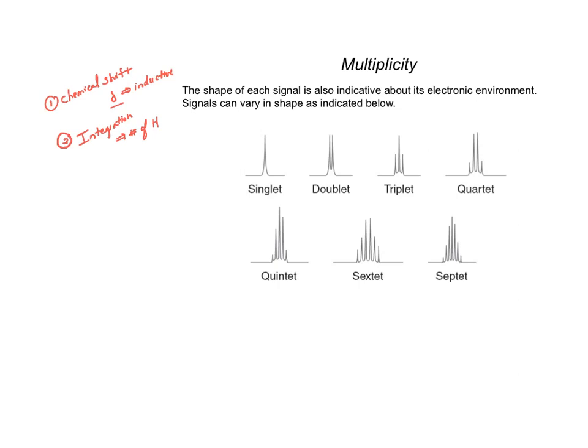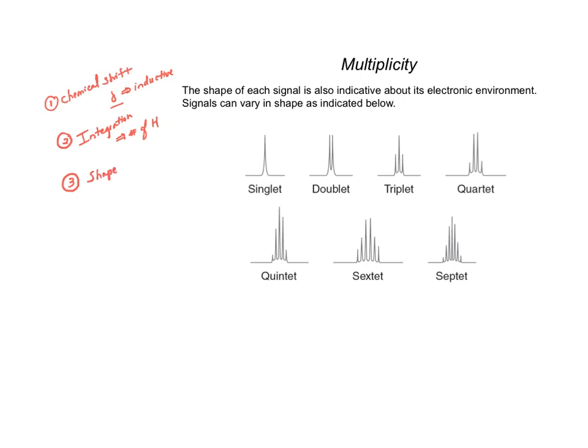So this last characteristic of each signal in the NMR spectra is something called multiplicity, or what we're also going to call spin-spin coupling or spin-spin splitting, right? And this is going to have to do with the overall shape of our signal, right?